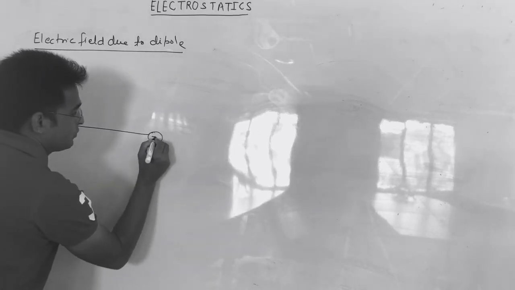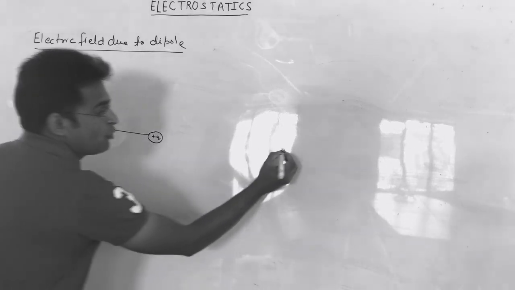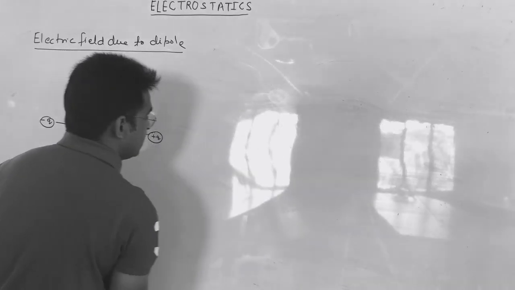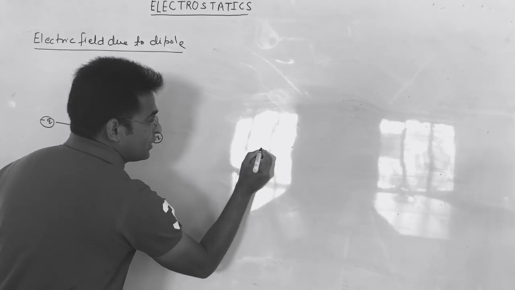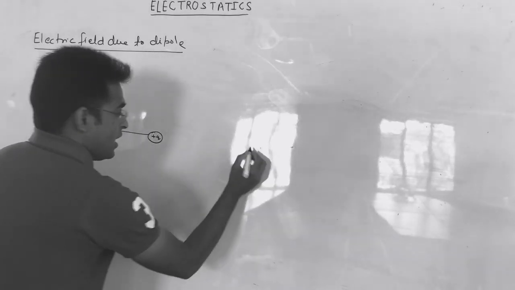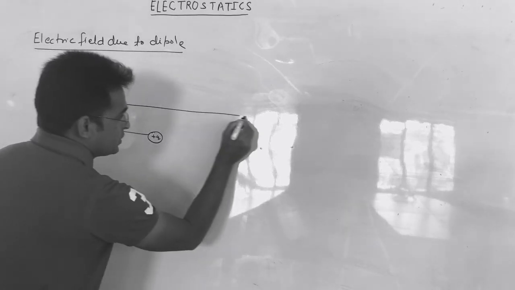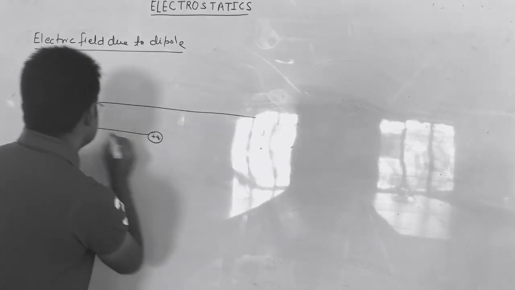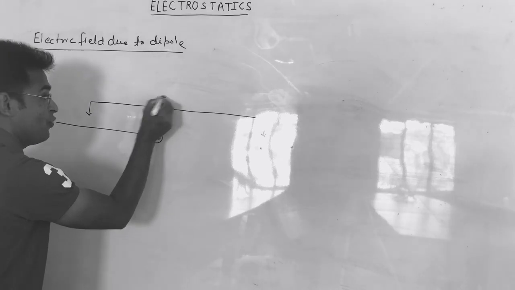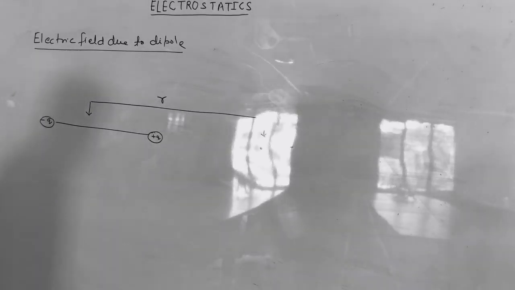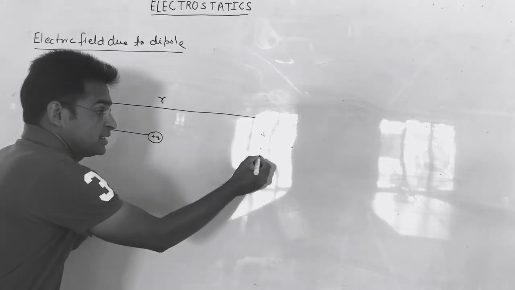At this point I need to find out the electric field, and this distance is given as R, meaning the distance from the midpoint of this dipole to this point P is R.